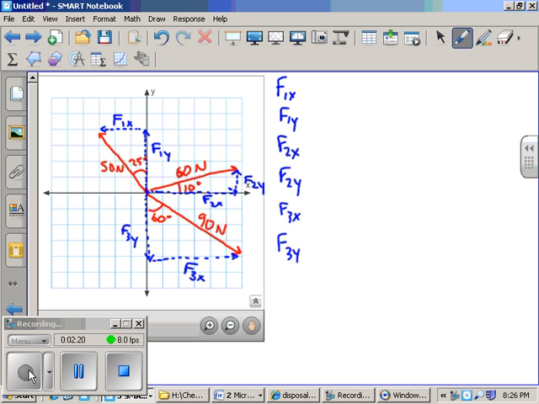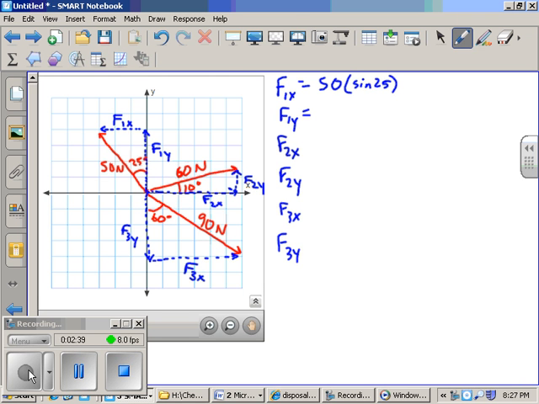This is exactly the same thing as what we've done in the past unit with vectors. So for F1x, F1x happens to be opposite the angle 25, so we would have 50 times the sine of 25.